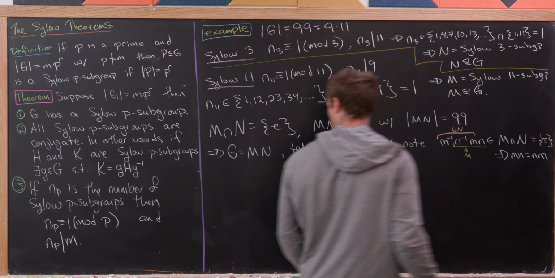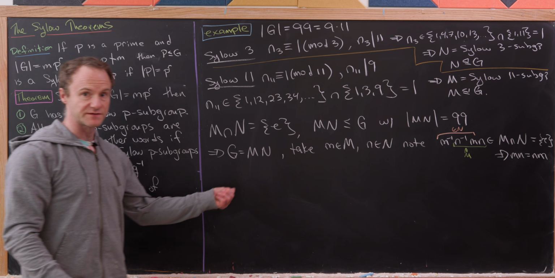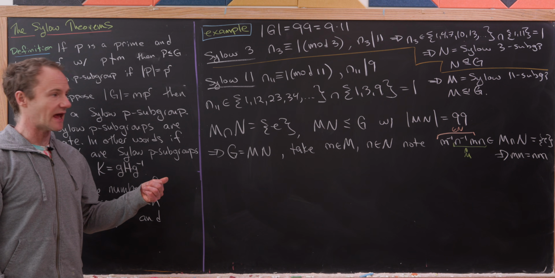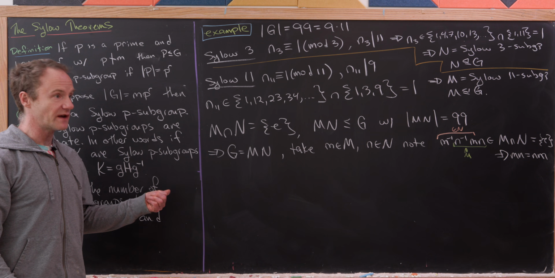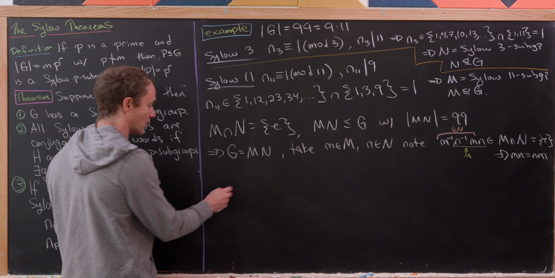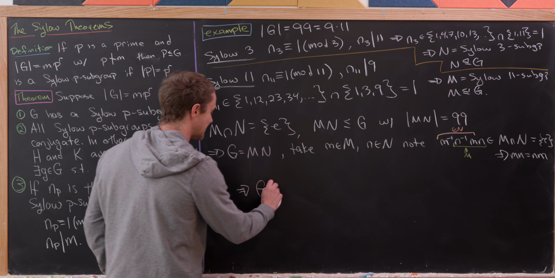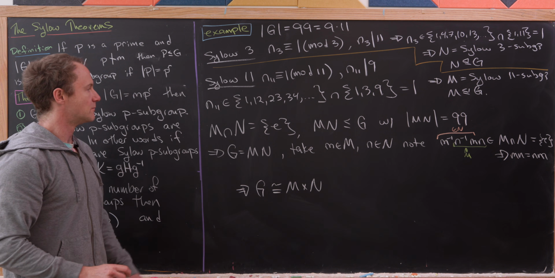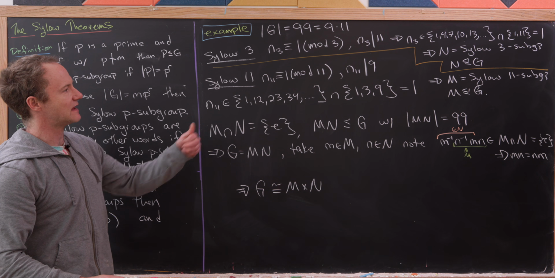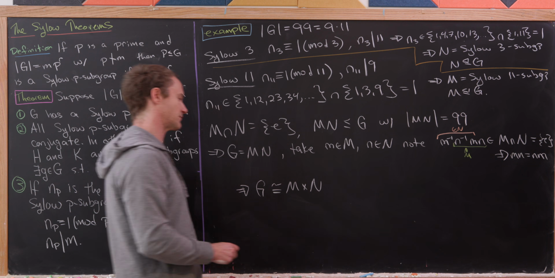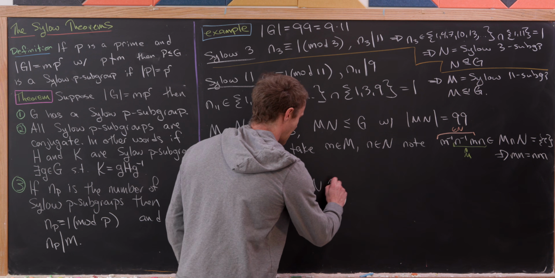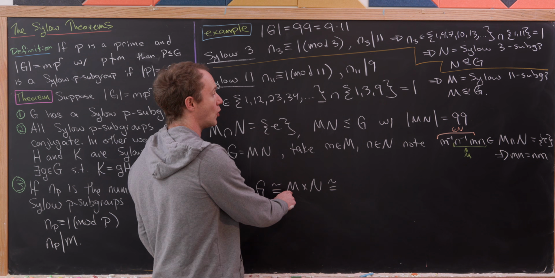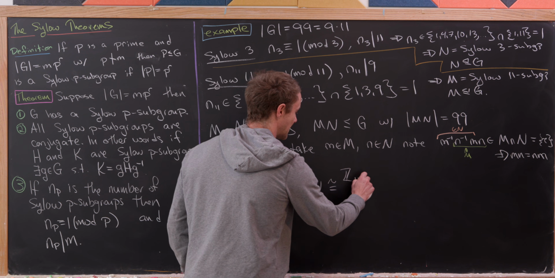Okay, cool. But then if G is the product of these two subgroups and everything in one of them commutes with everything in the other one, that tells us that G is in fact isomorphic to M cross N. But then check it out. M is a Sylow 11 subgroup, so that means that M is only possibly Z11.